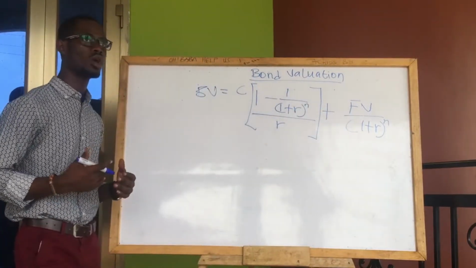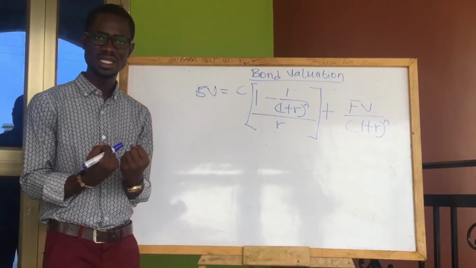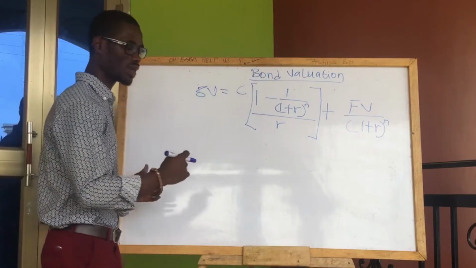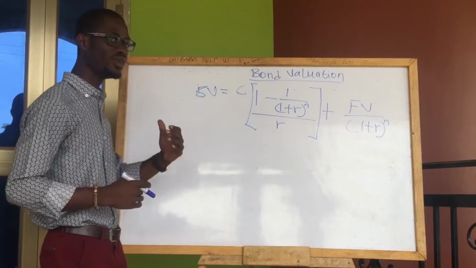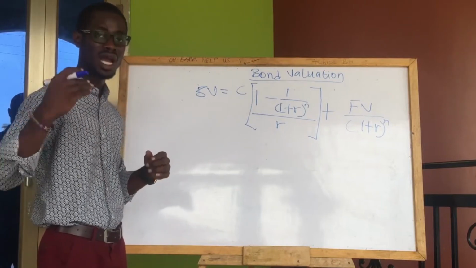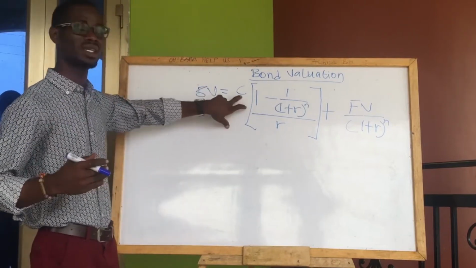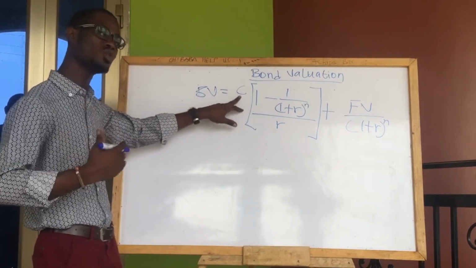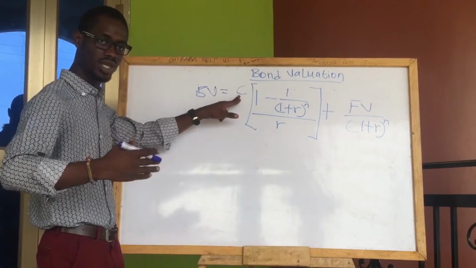So if someone says, who will give me money that I'll pay you at the end of 20 years, 1,000 Ghana cedis, and every year I'm going to pay you 10% on that, so every year I'm going to give you 100 cedis. The 100 cedis is the coupon payment, the constant cash flow you receive every year.